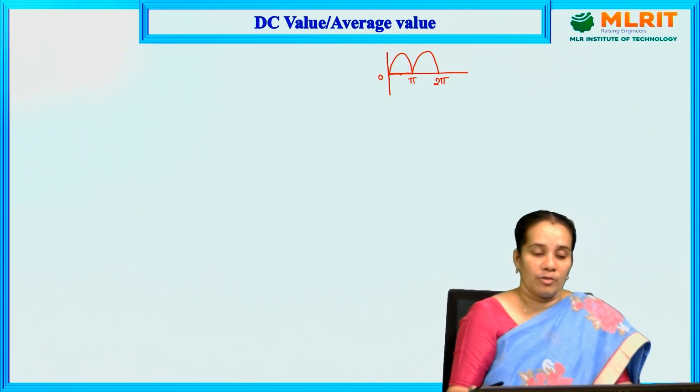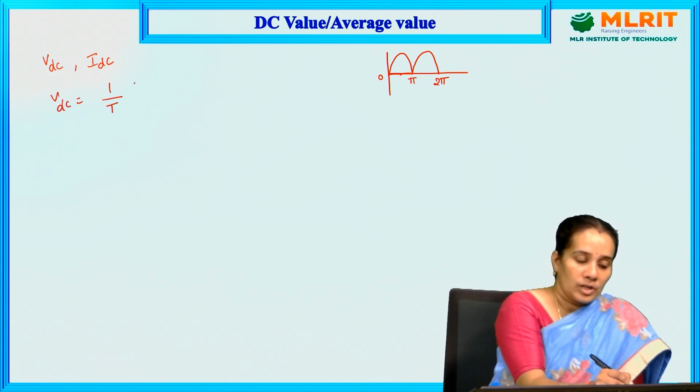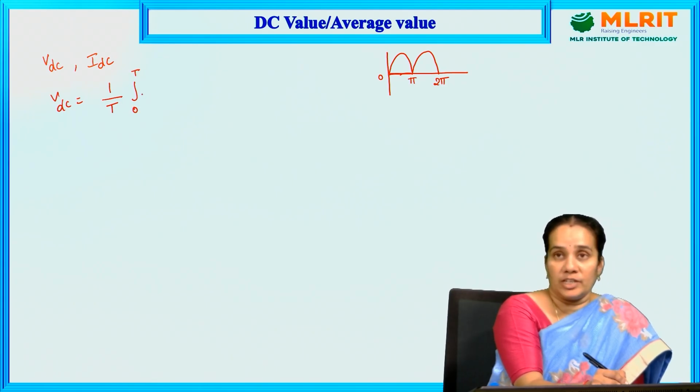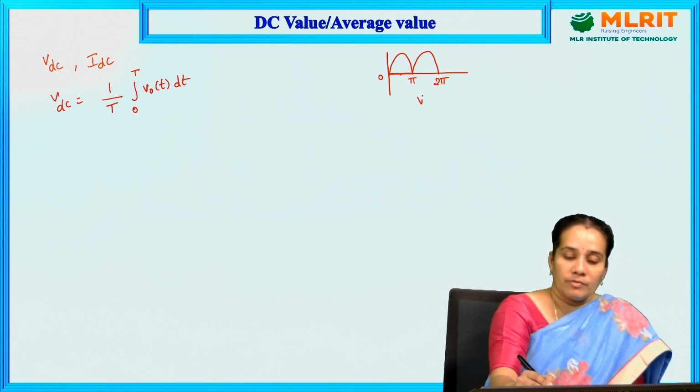Coming to the average value, here we have to calculate VDC and IDC. VDC is equal to 1 by the time period, the total time period of the cycle, then we have to take the integration, because the signal is a continuous signal, V0 of t into dt. So what is V0 of t?